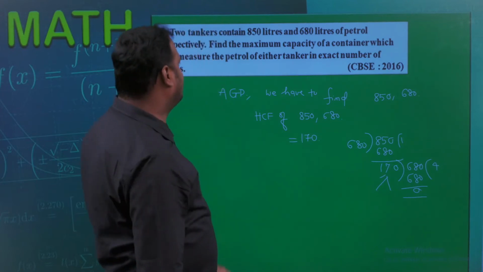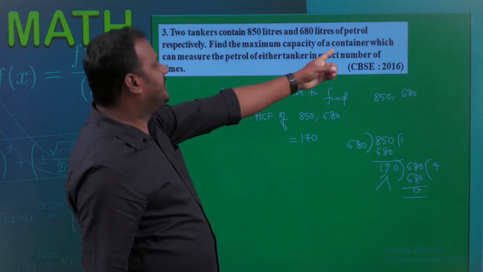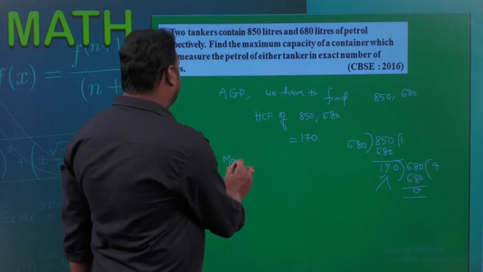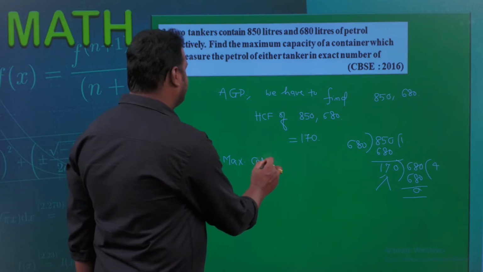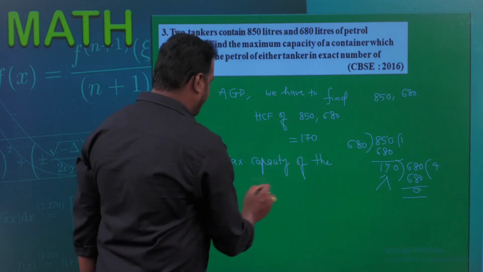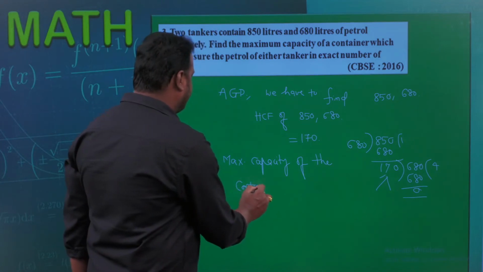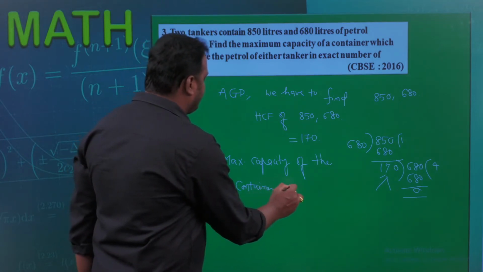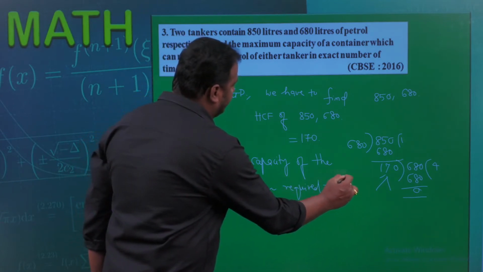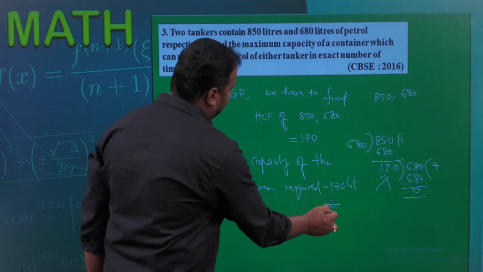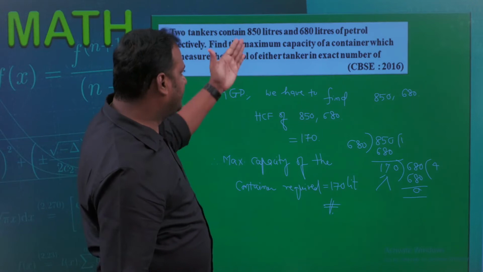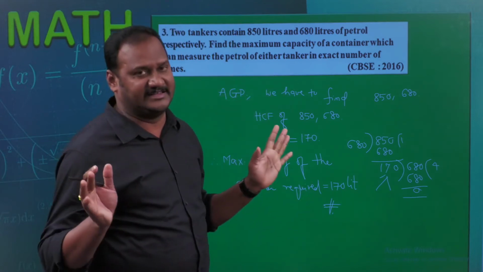So according to the problem, the maximum capacity of the container required is equal to a 170 liters container. So with the help of this 170 liters container, we can easily measure both of them exactly.